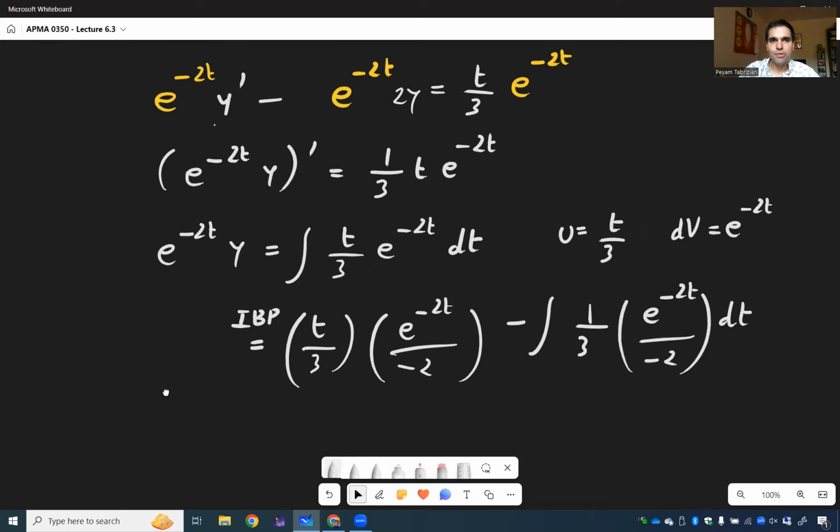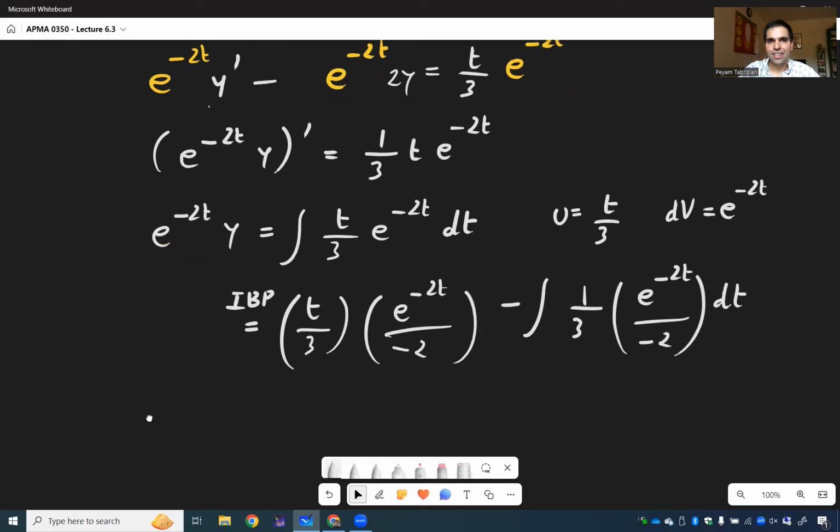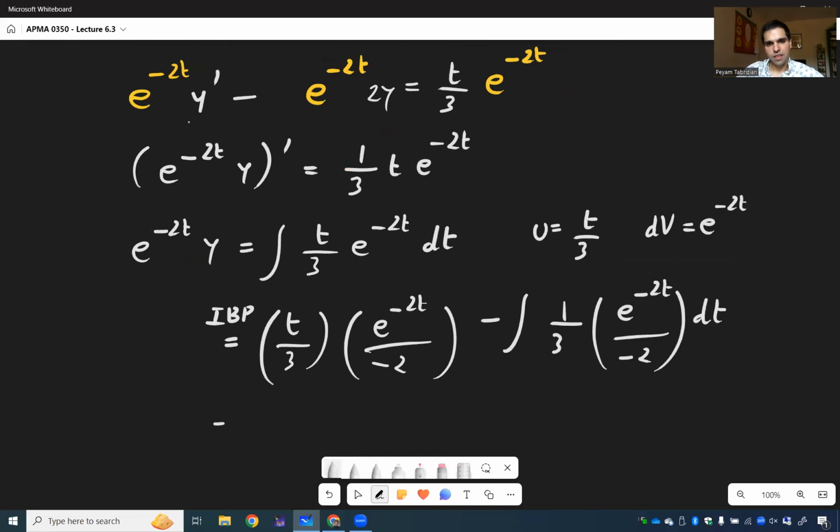Again, sorry if the numbers are a little bit ugly, but what we end up getting is minus 1/6 t e to the minus 2t, and then plus 1/6 integral e to the minus 2t dt.